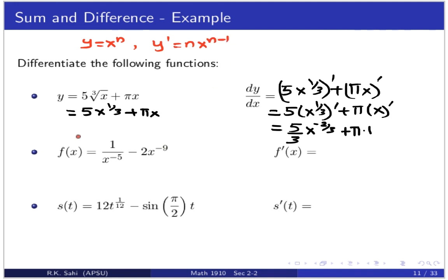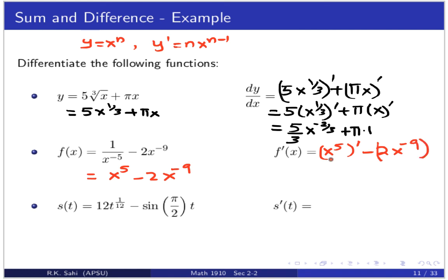Okay, let's look at the next problem. f(x) is 1 over x to the power minus 5, negative 2x to the power minus 9. So before I start the differential, I'm going to write it in the proper form. This is x to the power 5 minus 2x to the power negative 9. When you take the differential, it's x to the power 5 differential minus 2 x to the power minus 9 differential.